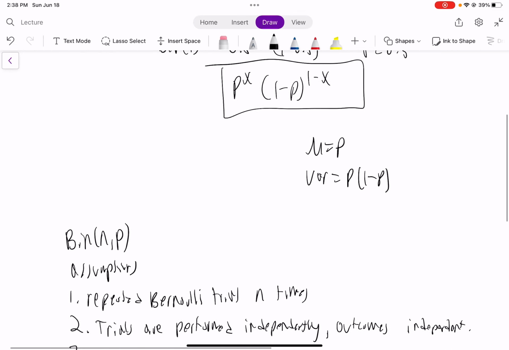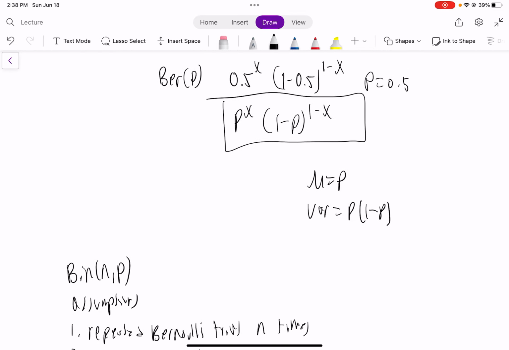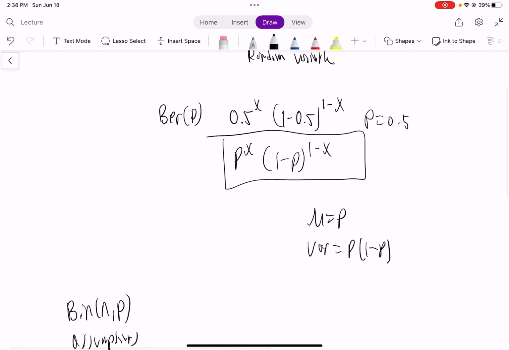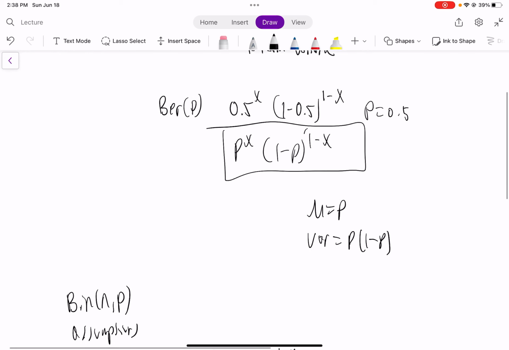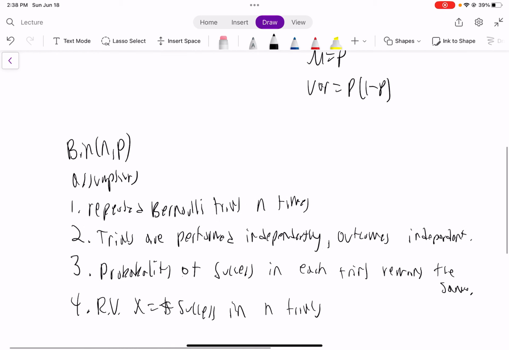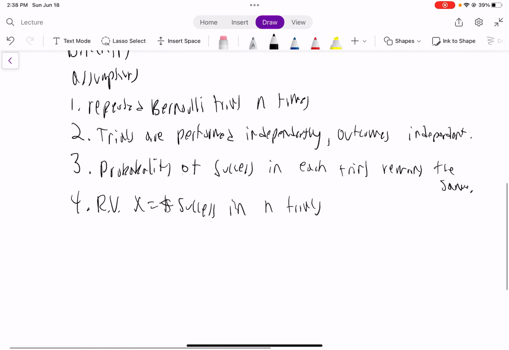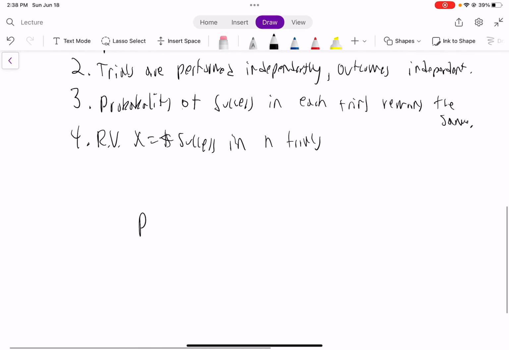Well, let's look back at the Bernoulli. It's basically the same thing as Bernoulli, except this term becomes n, and we have a coefficient out front, which I'll explain in a second. So what do we have? We have p to the x, (1 minus p) to the n minus x. Notice, I'm going to highlight this in blue.